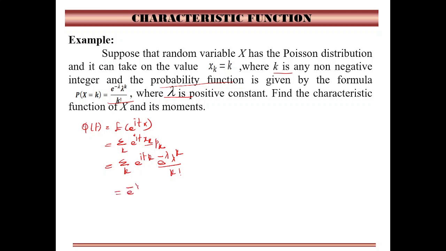So e power minus lambda will be outside since it won't affect the value of k. So summation of e power itk lambda power k by k factorial.